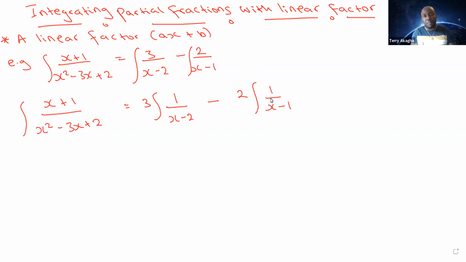As you can see, we're going to apply the ln here. If you remember, in one of the videos I talked about the integral form: f prime of x divided by f of x is equal to the ln of f of x plus c. Please go to that video where we talked about integral forms. You can see this follows the rule.